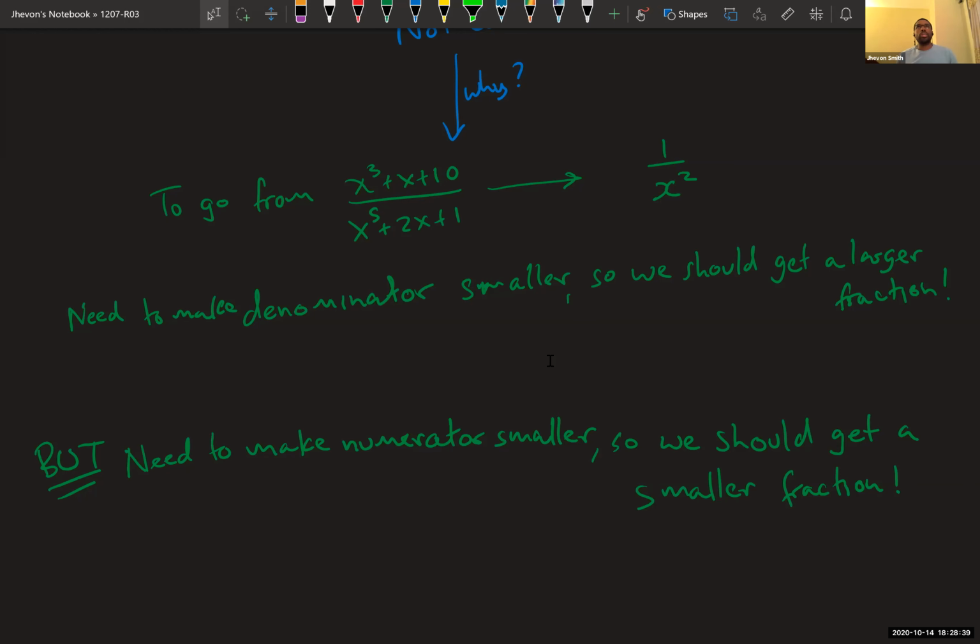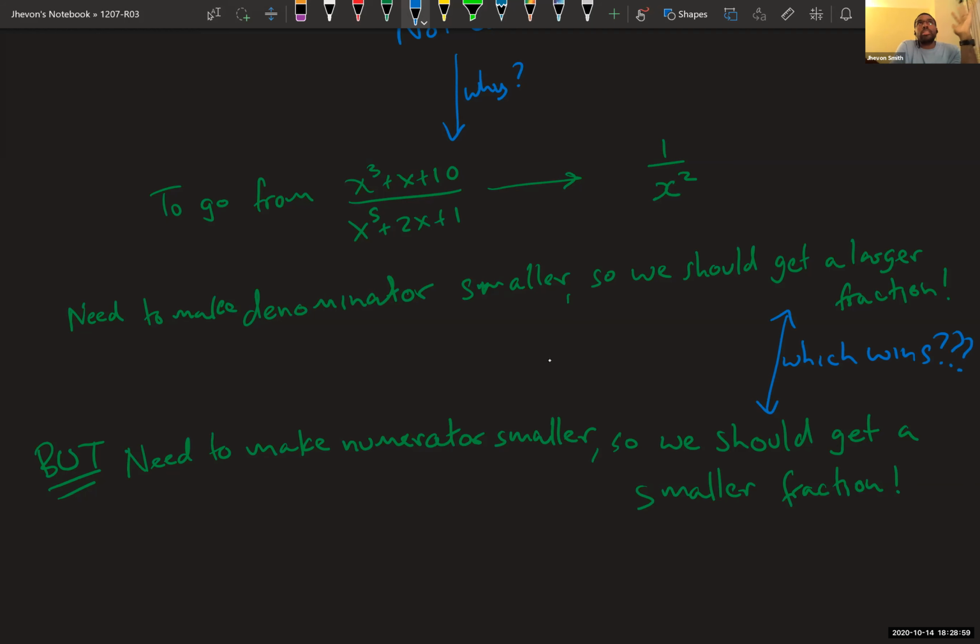Like you'd have to go into some sort of argument to say, oh, I know that this change would overwhelm that change. And that takes a lot of calculation, right? So which wins? Not obvious, right?